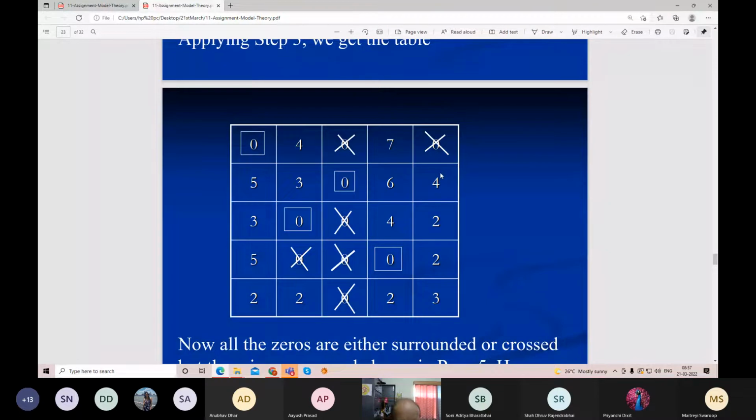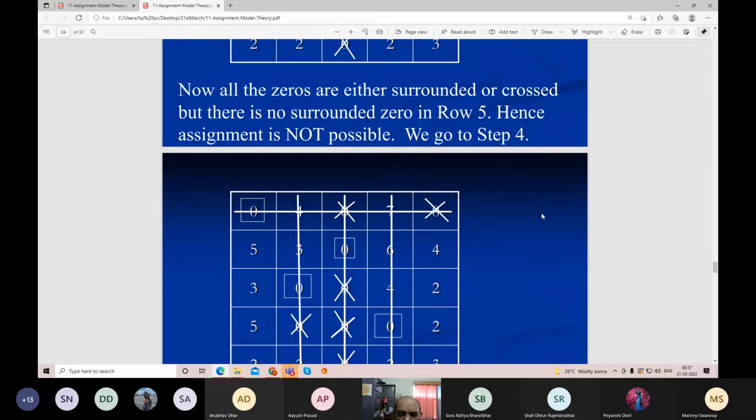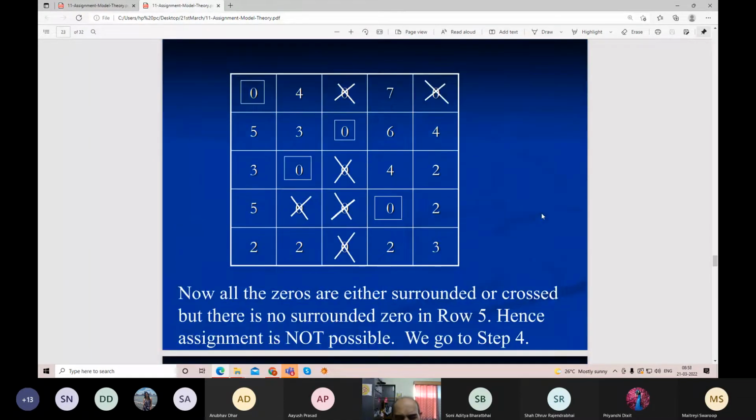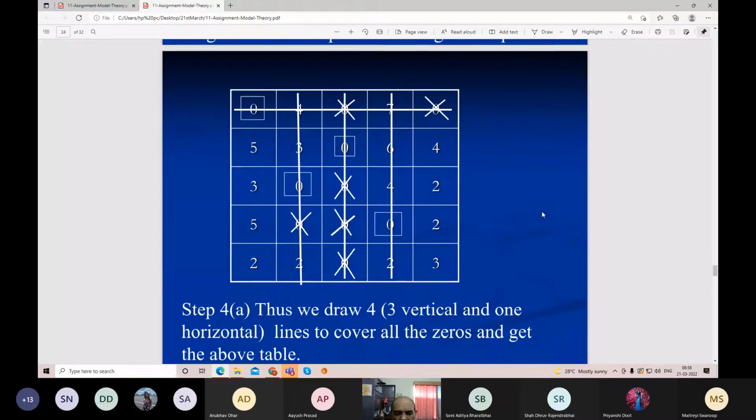Fifth row and fifth column there is no assignment. So what do we do? We draw the minimum number of horizontal and vertical lines to cover all the 0s. So these are the minimum number of horizontal and vertical lines.